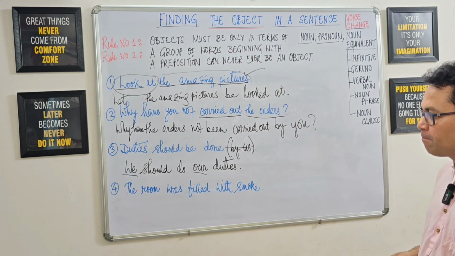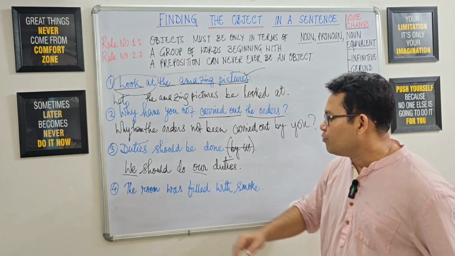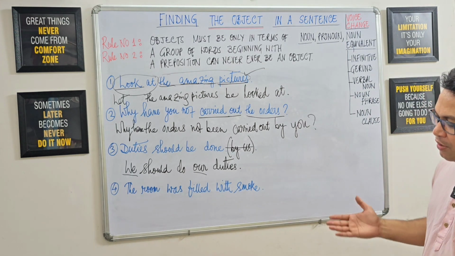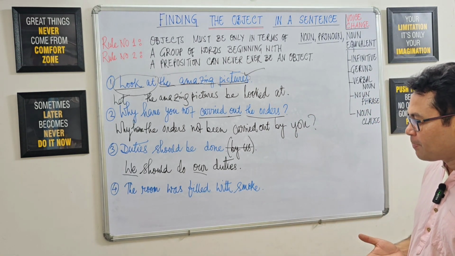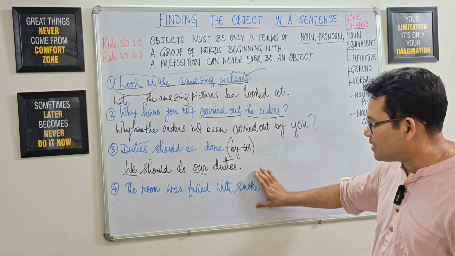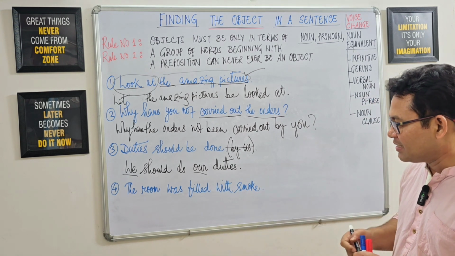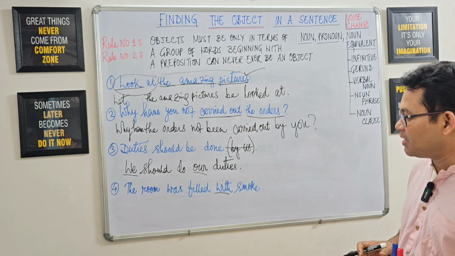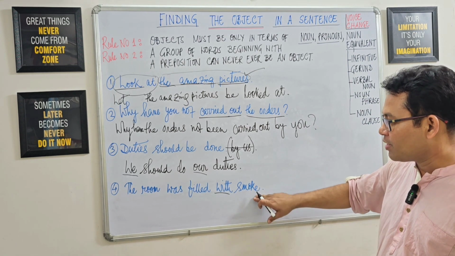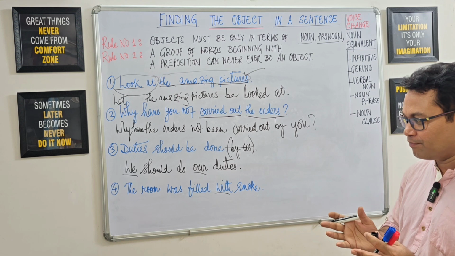Again, number 4, the room was filled with smoke. We see that the verb pattern is in passive, was filled, but we don't get any by plus agent part. We have with instead in place of by, but the sense of the sentence is that smoke filled in the room.